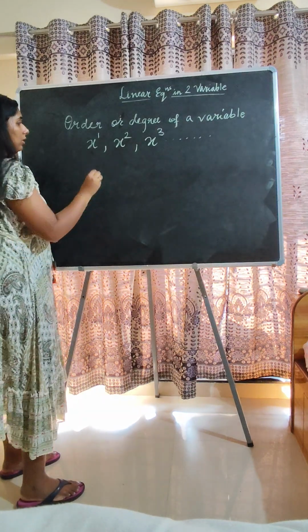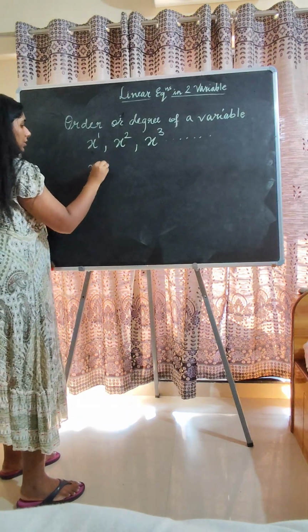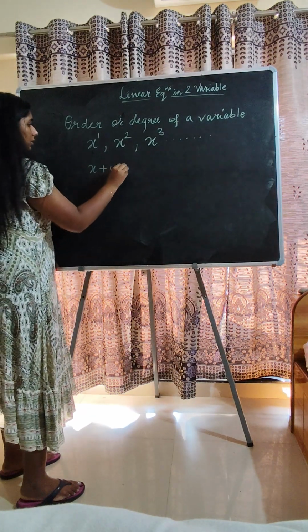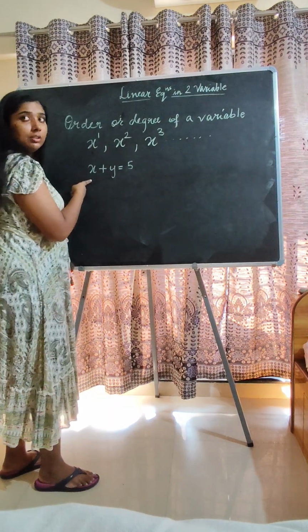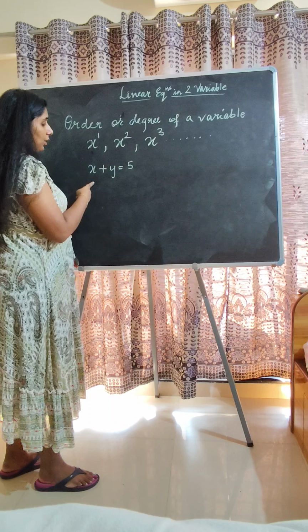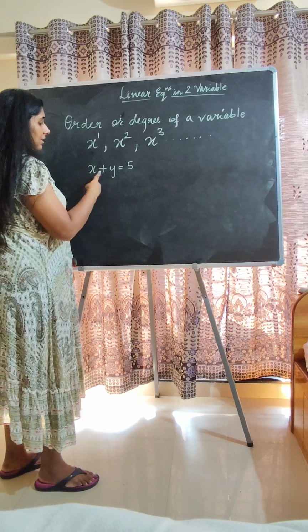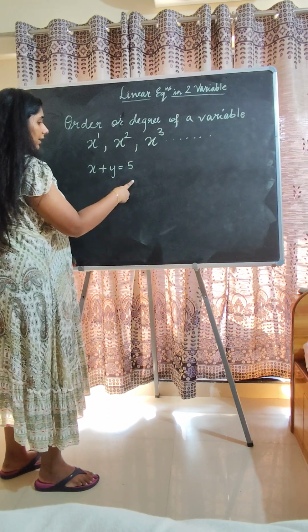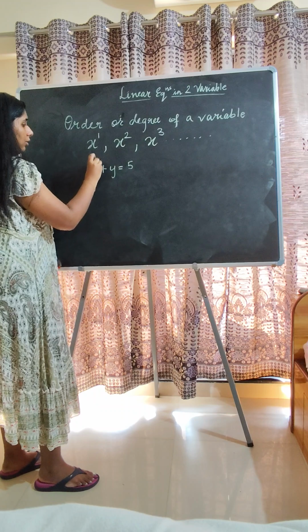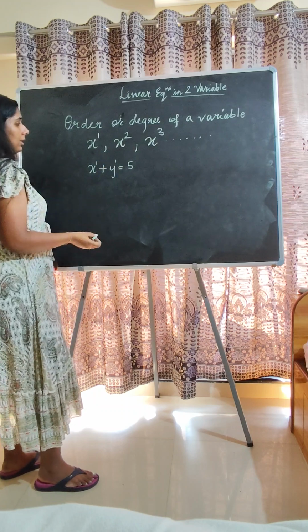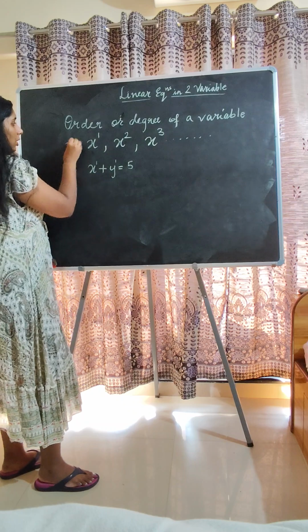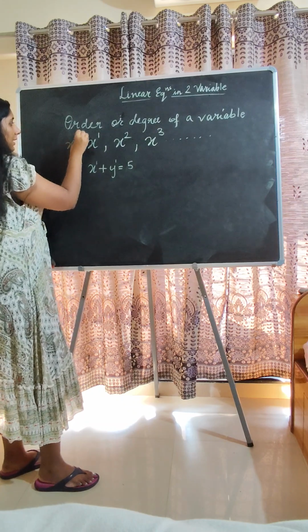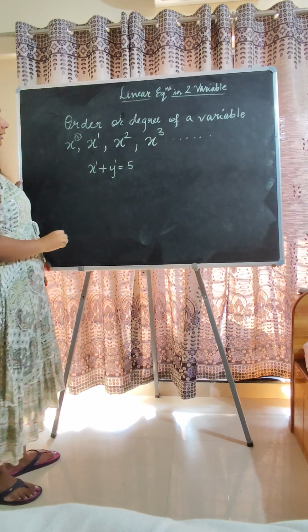So when you have an equation, the equation we learned in the last class, x plus y equal to 5, the order of the variables is 1. When nothing is given, when it's all by itself, the order by default is 1.